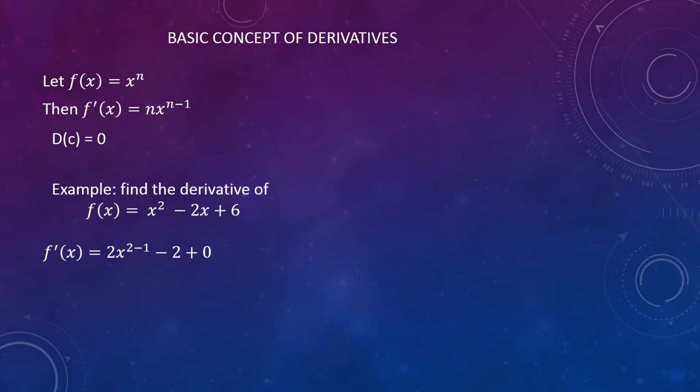Then we subtract 1 from the exponent, so we have 2 minus 1. Then minus 2 plus 0, because the derivative of 6 is 0. Finally, our final answer for the derivative of f of x is equal to x squared minus 2x plus 6 is 2x minus 2.